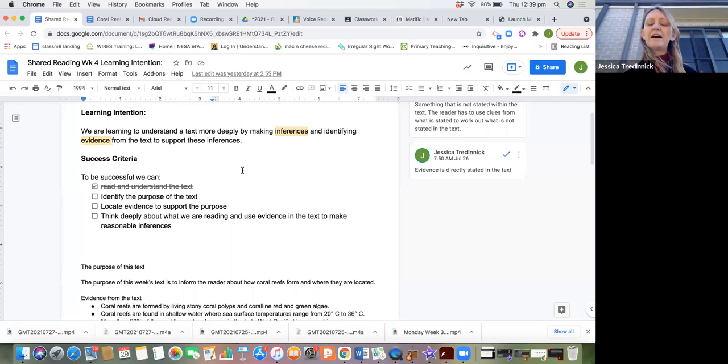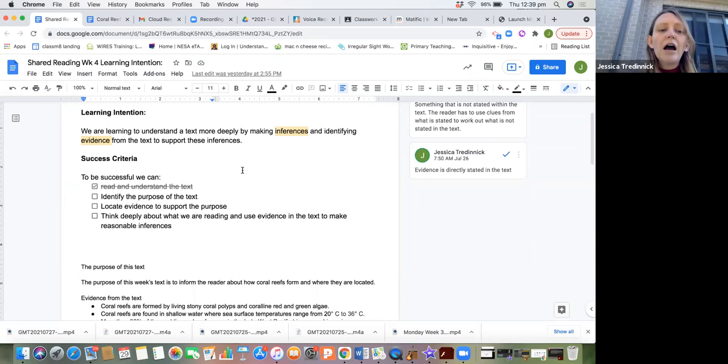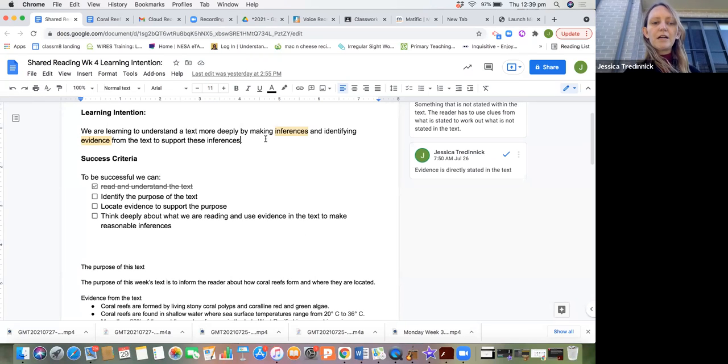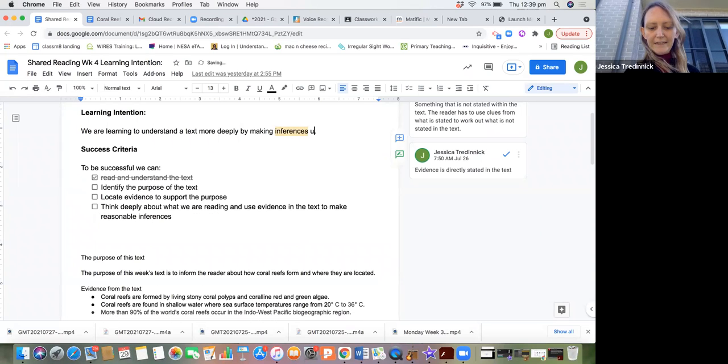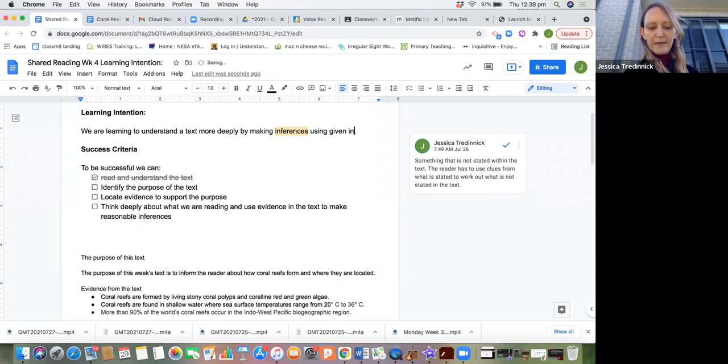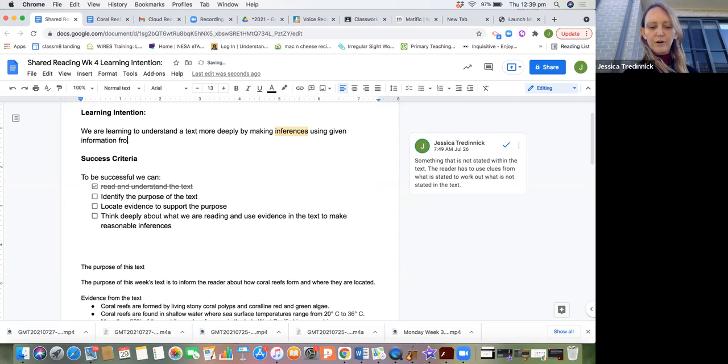It's probably one of the hardest of reading. So I'm actually going to change this to give you the evidence. So I'm going to say, by making inferences using given information from the text.